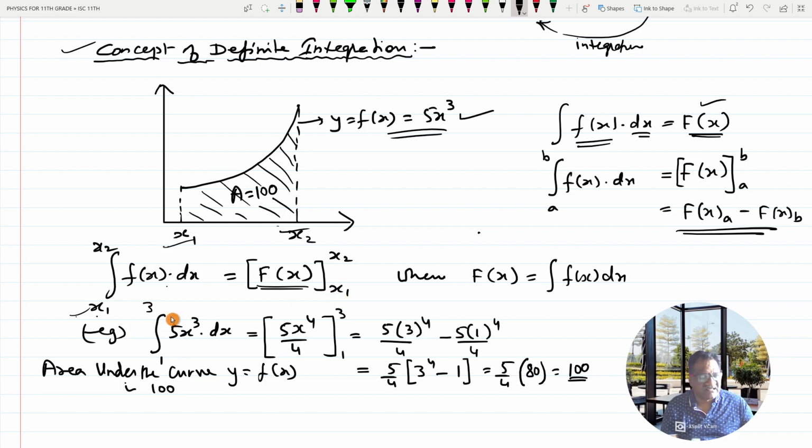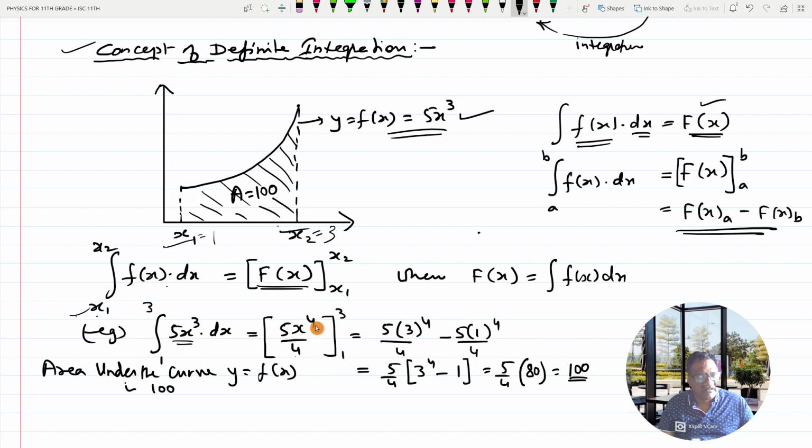In this case, suppose the example is 1 and 3. Suppose this x1 is 1 and this x2 is 3. So I can write this integration from 1 to 3, and the function is 5x cube with respect to x. So the integration of 5x cube is 5 into x raised to 4 upon 4, and this whole thing I will put again in a square bracket and I'll put the limits again 1 and 3.